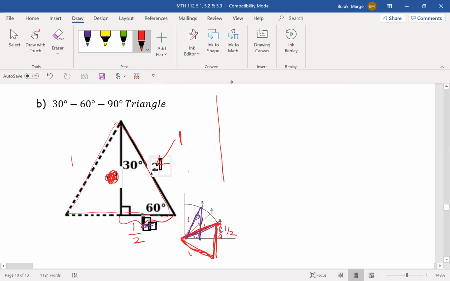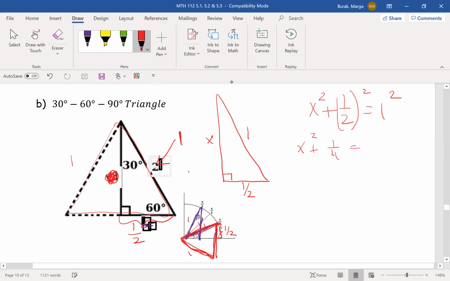All right, so let me take this messy thing and do it again. So we have 1/2, 1 whole, and this is what we're trying to find. I'm just going to call it x. So we have x squared plus 1/2 squared equals 1 squared. So x squared plus 1/4 equals 1, and then we'll minus 1/4, and we'll get x squared equals 3/4.